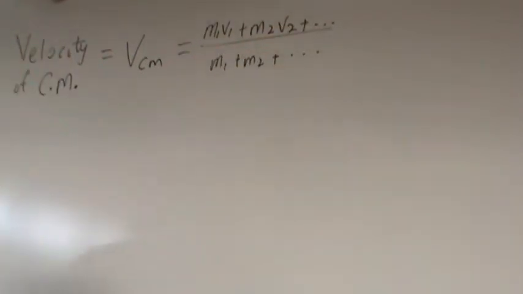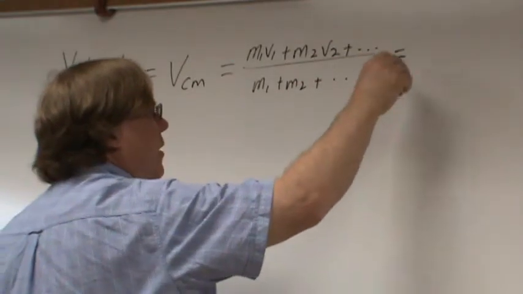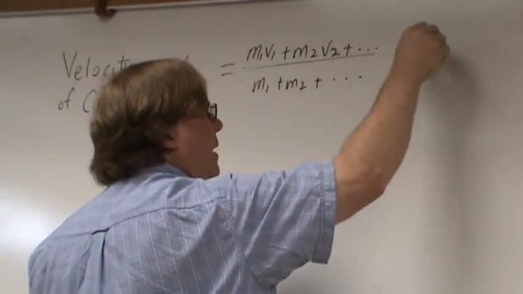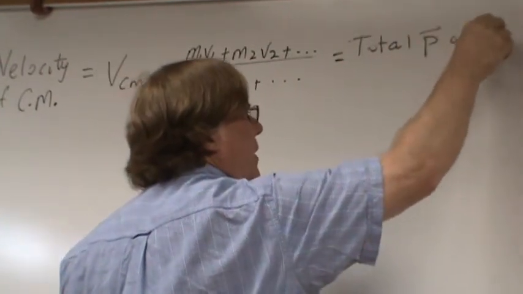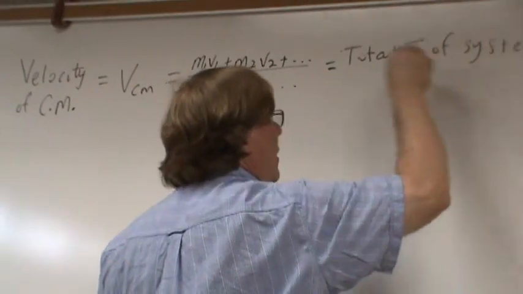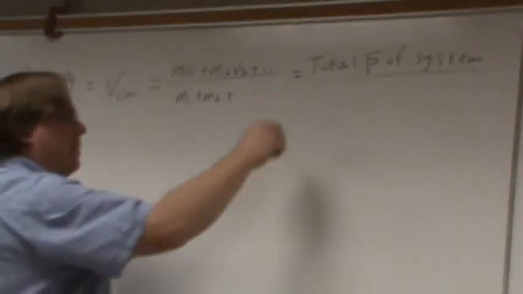Okay, where you'll notice the numerator now is not m times the distance from an arbitrary 0 point. The numerator is now m times velocity. It's the mv of each of the points in your system, which ends up being the total momentum of the system. That's the numerator, and the denominator is the total mass of the system.